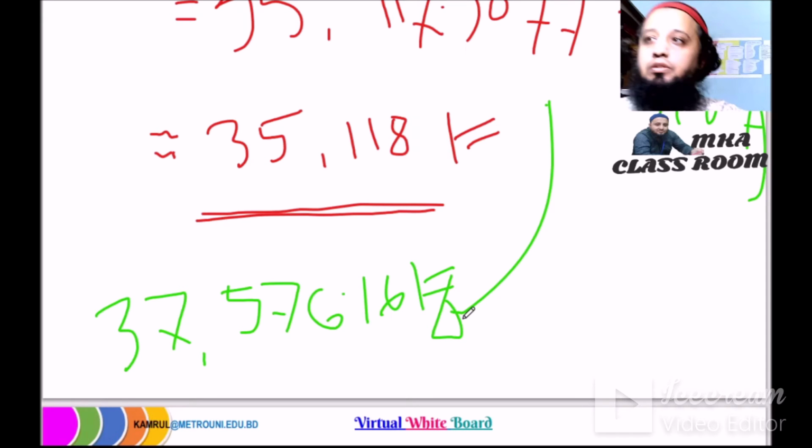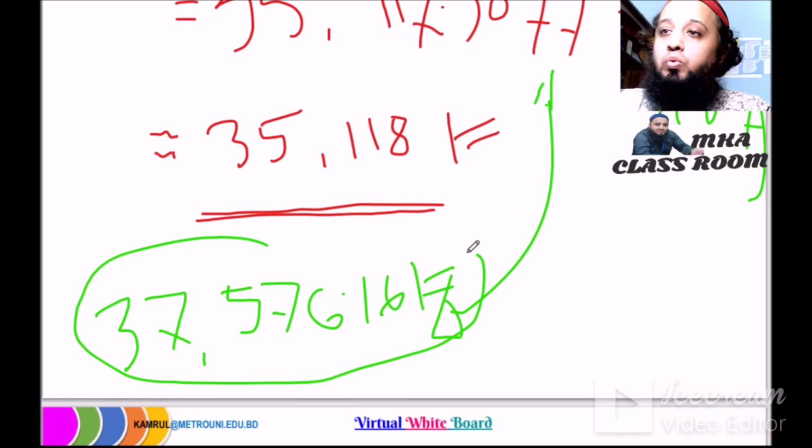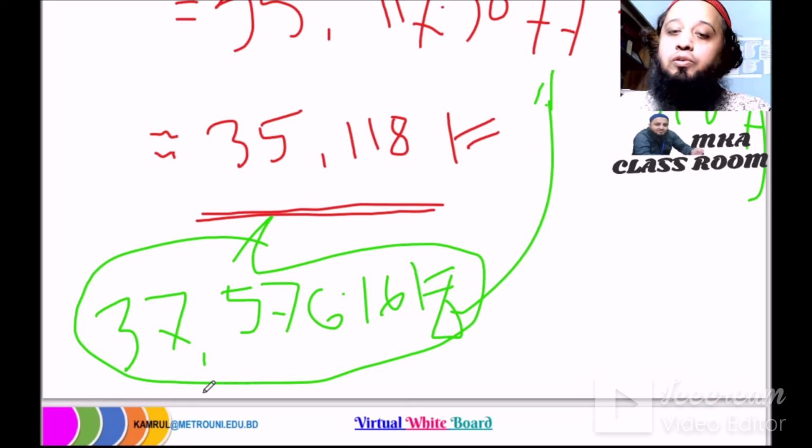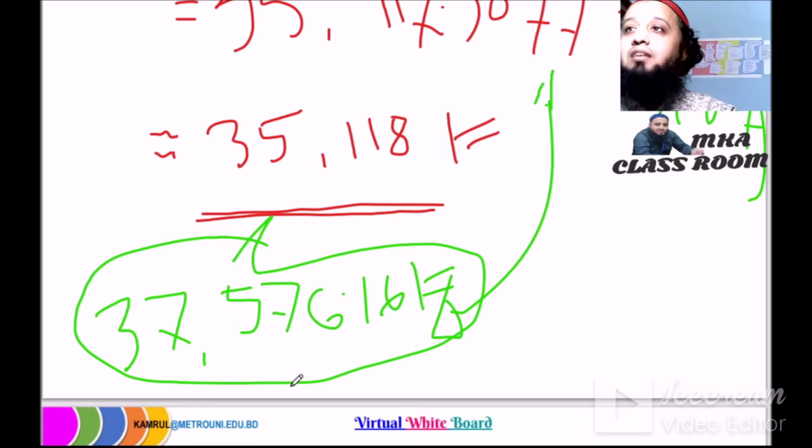So, if your first payment starts at time 0, that means today, then you have to invest more, and we know that an annuity due always requires more. You have to invest 37,576.16 taka today if you want to receive this benefit.